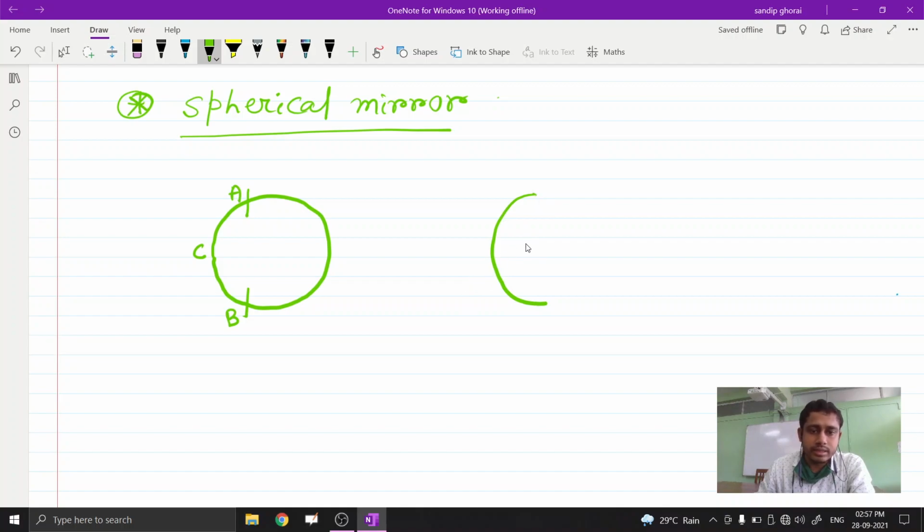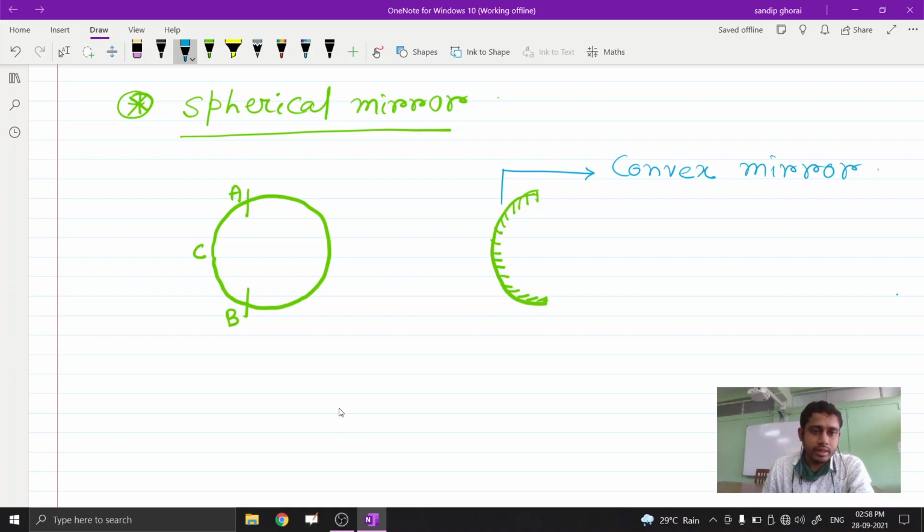It is made of glass, and if one side of the surface is opaque, this type of mirror is called a spherical mirror. Here the reflecting surface is convex, so this mirror is a convex mirror.